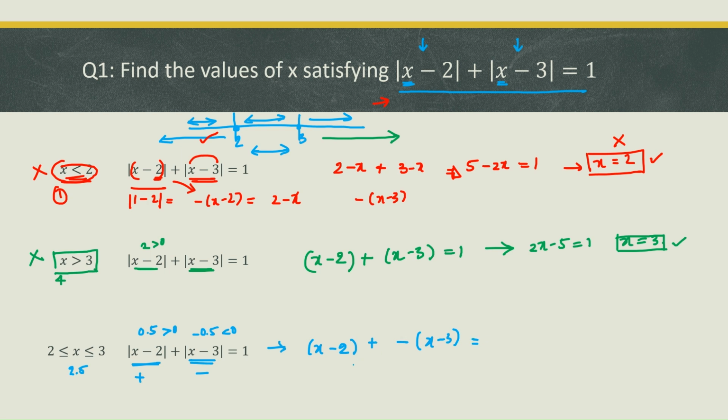So this is x minus 2 minus x plus 3, which is equal to 1. So 1 equals 1, which satisfies the equation. So these are the values of x which satisfy the given equation. So this would be the answer.